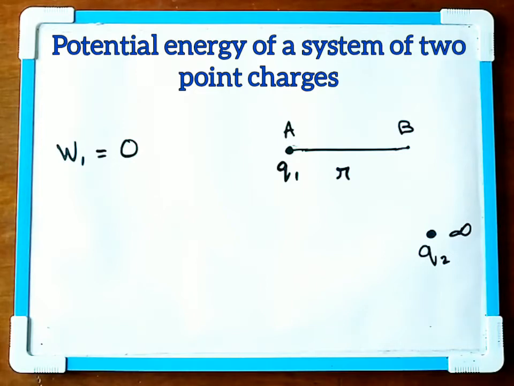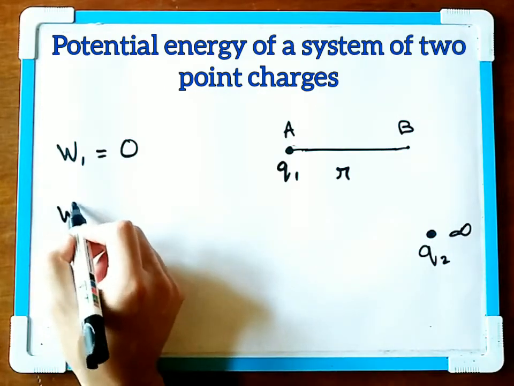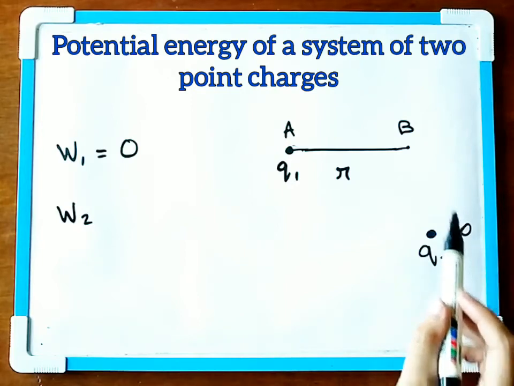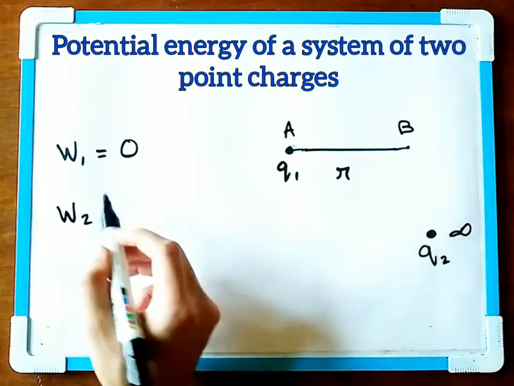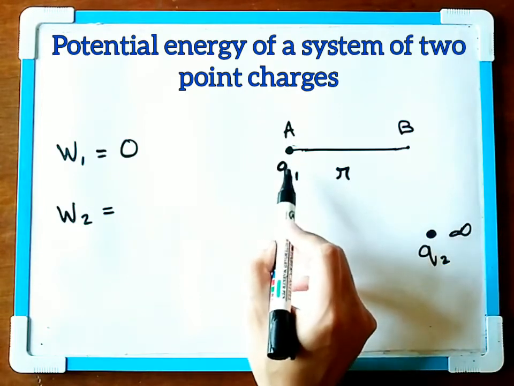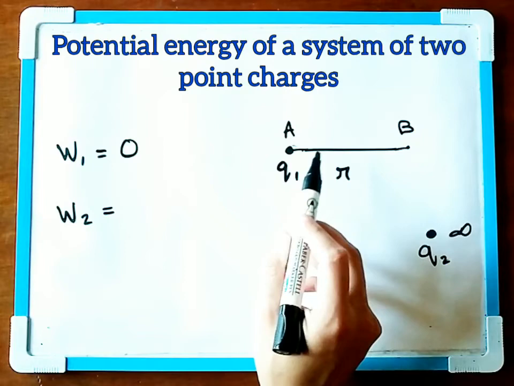Your W2, the work done in bringing this charge from infinity to point B, has some value, and that value can be found by the definition of electrostatic potential.